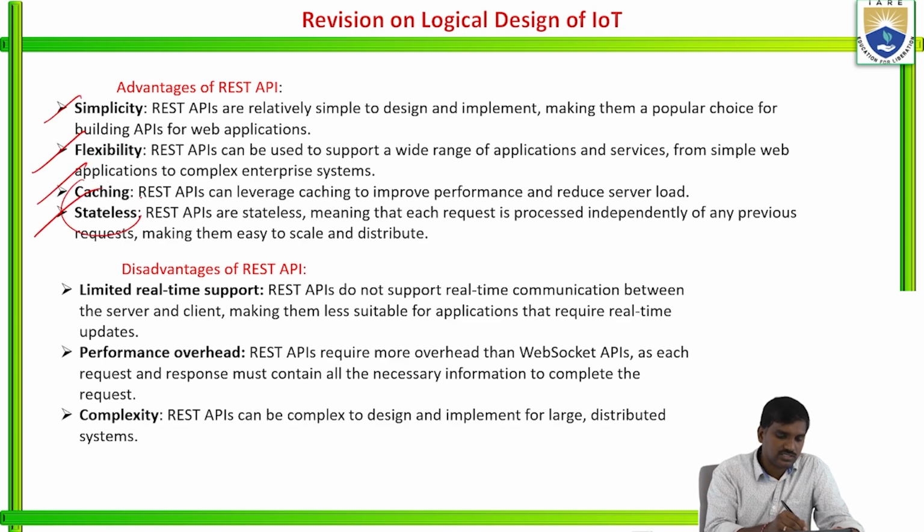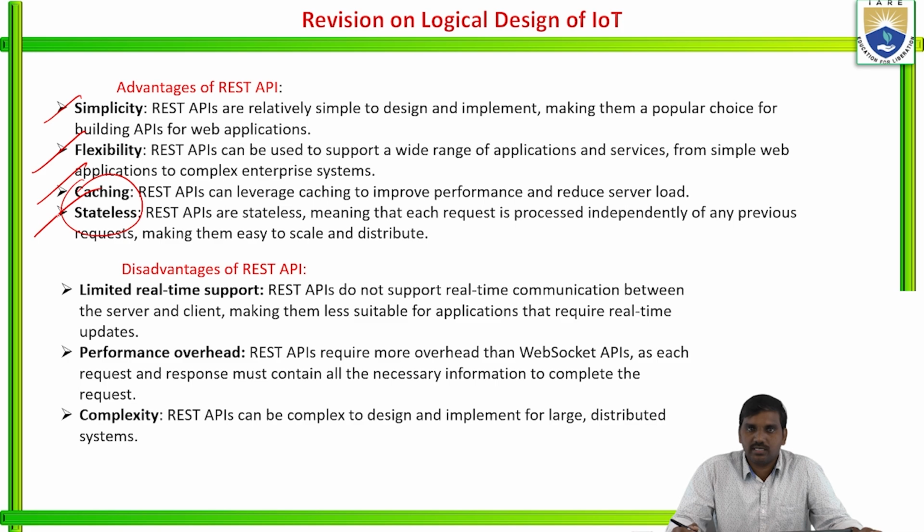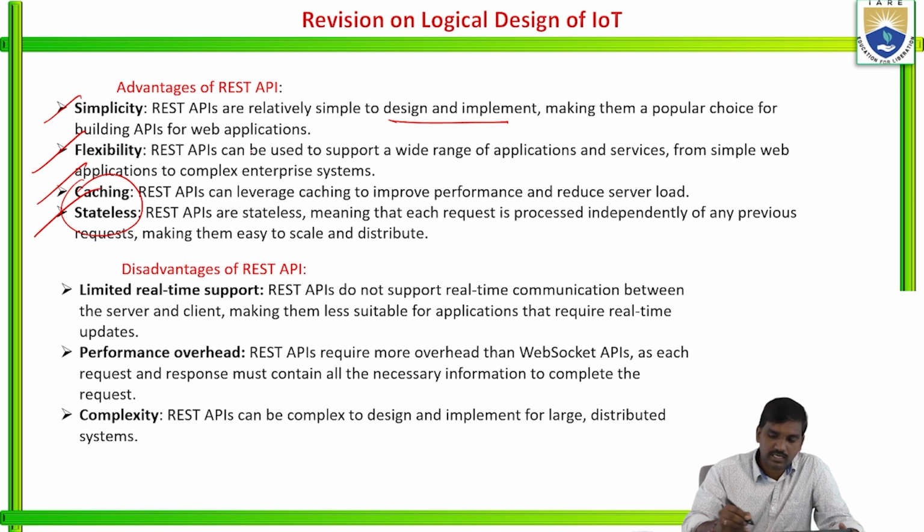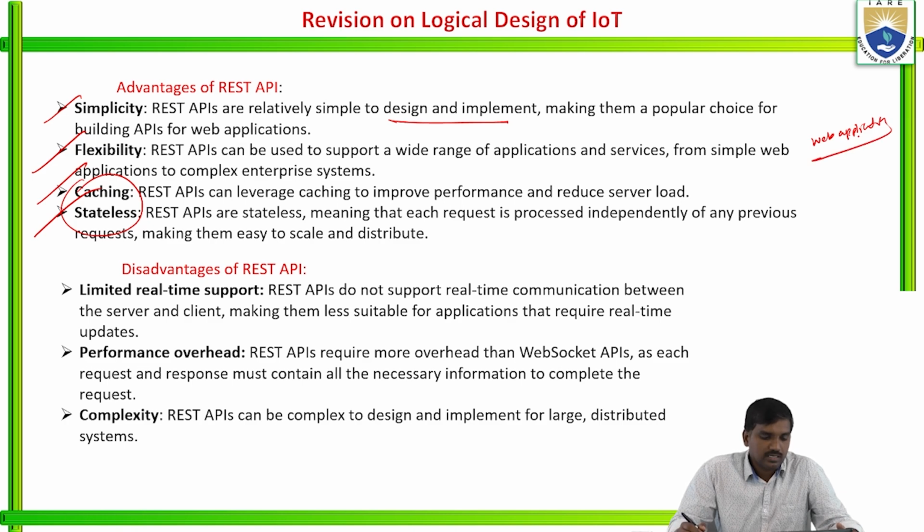Caching and stateless are already discussed in the constraints. Simplicity means it is relatively simple to design and implement, making them a popular choice for building APIs for web applications. So for building web applications, remember this very important term: we use a very simple design and implementation of REST API.